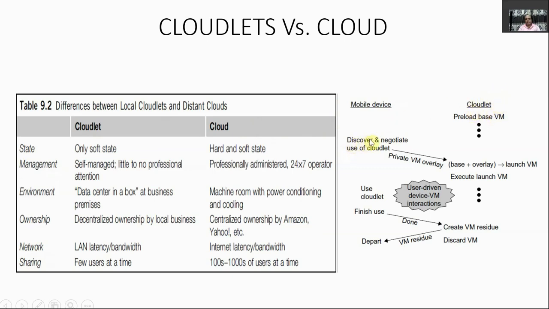First of all, the mobile device will discover and negotiate the use of the cloudlet, because the cloudlet is going to be charged. So basically, if it is a peak time, it will charge more, and if it is not, then it will charge you less. Accordingly, it will discover and negotiate the use of the cloudlet. Then a private VM is used wherever the cloudlet is implemented. So it has a preloaded base VM.